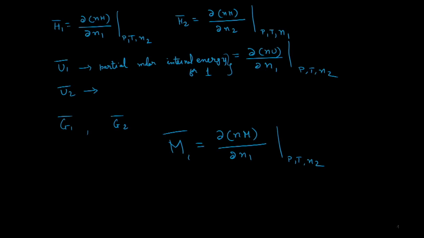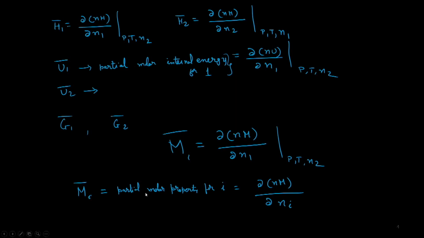I can extend this discussion to a multi-component mixture when there is more than 2 components, and in that case, we call this Mi bar. This is the partial molar property for i, and this will be the derivative of the total property over Ni.